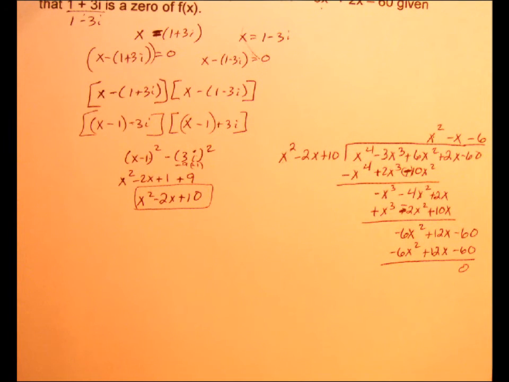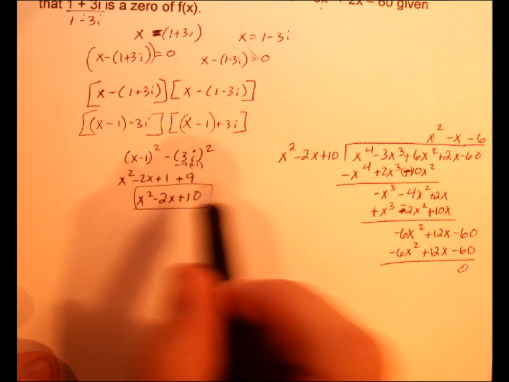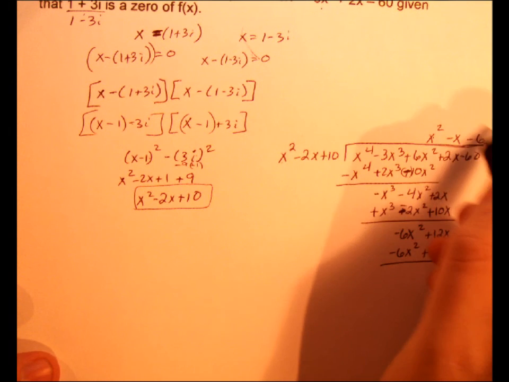Okay, so it says find all the zeros. So what we've done right now is we haven't quite got that answer yet, but we're getting really close. Okay, so we know that the zeros here, this is what we have left once we divide that into there.